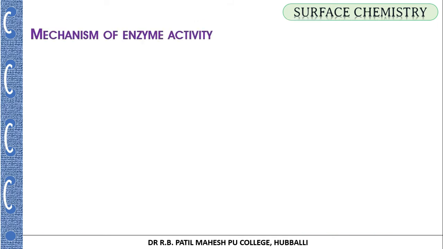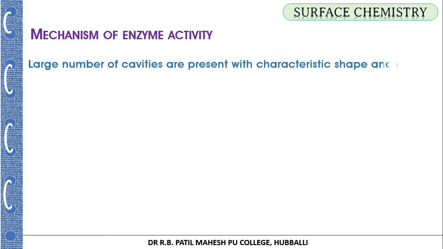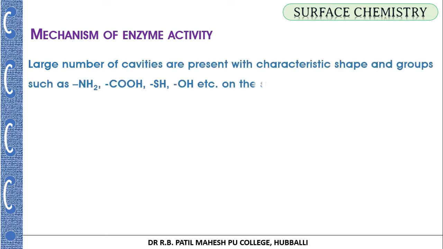Now let us see the mechanism of enzyme activity. Students, enzymes contain a large number of cavities with the characteristic shape and groups such as NH2 amine group, carboxylic group, thiol group, SH, and alcohol group. So enzymes contain what?